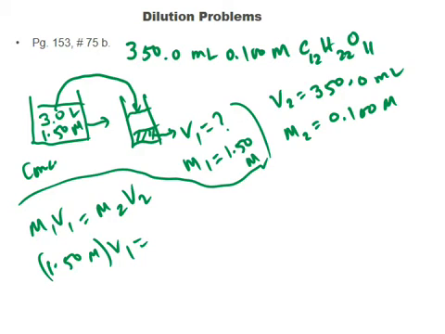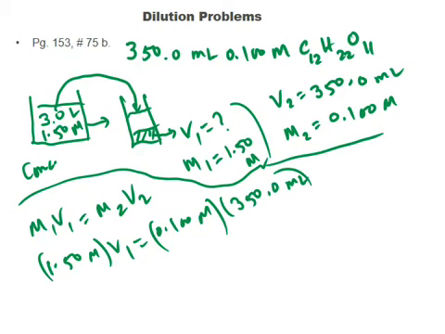Final molarity would be 0.100 molar. Final volume 350.0 ml. Okay, now we need to solve for V1. And if you solve for V1, it's a simple algebra.